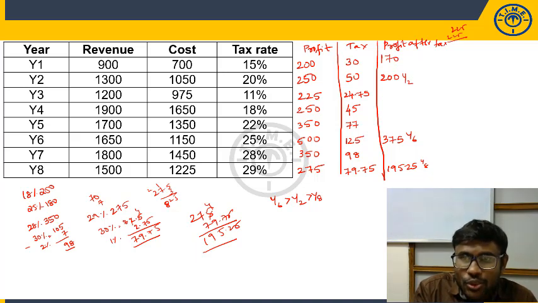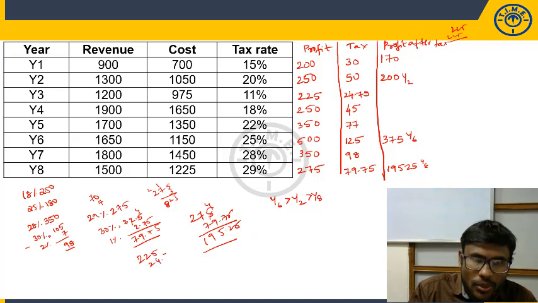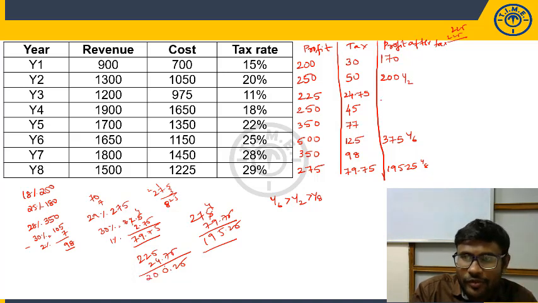And 225 minus 24.75, so it is 200.25. And 250 minus 45, that is 205, and 350 minus 77.